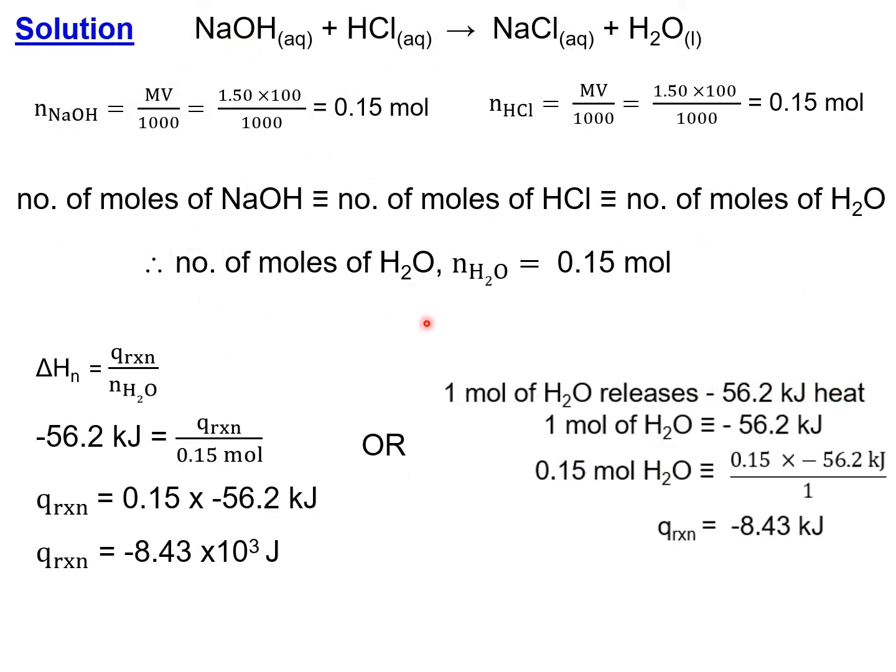So this is the solution. You first find the heat released by the reaction, through the information on the heat of neutralization and the number of moles of water. Luckily the number of moles of acid and base are the same, so you can assume the number of moles of water is the same too. But don't stop here. You must show that you got the number of moles of water through the stoichiometric coefficient.